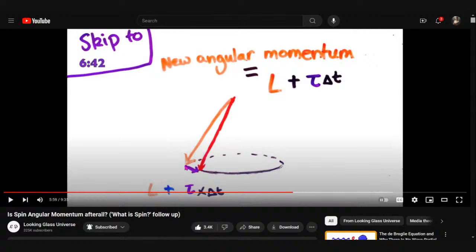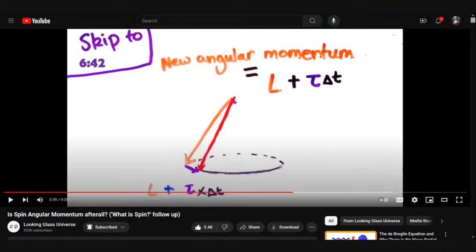This delta L comes out of tau that points up. This is not tau. This is tau delta t. It's delta L. This is delta L. This is the change in the torque. This is not torque. What you're showing here is delta L caused by the torque.